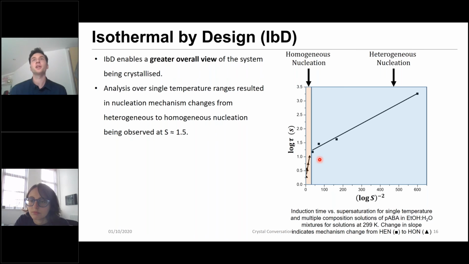So a given supersaturation for different mixed solvents. Jason, if you have a microphone, feel free to speak, because I'm not sure I fully understand your question. Just if you're looking at induction time as a function of supersaturation, if you change the anti-solvent so it's not water, but keep the supersaturation consistent at those numbers, how much difference does it make?